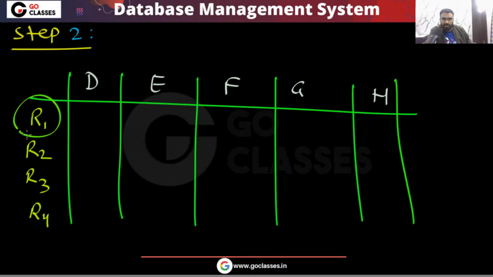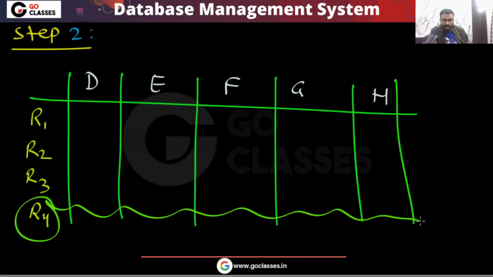For relation R1, under the attributes of R1 we put A entries. For R2, under the attributes of R2 we put A entries. Similarly for R4, under the attributes of R4 we put A entries.